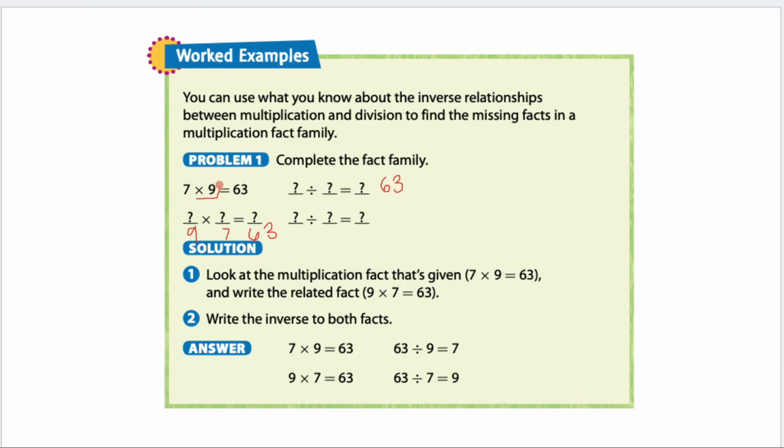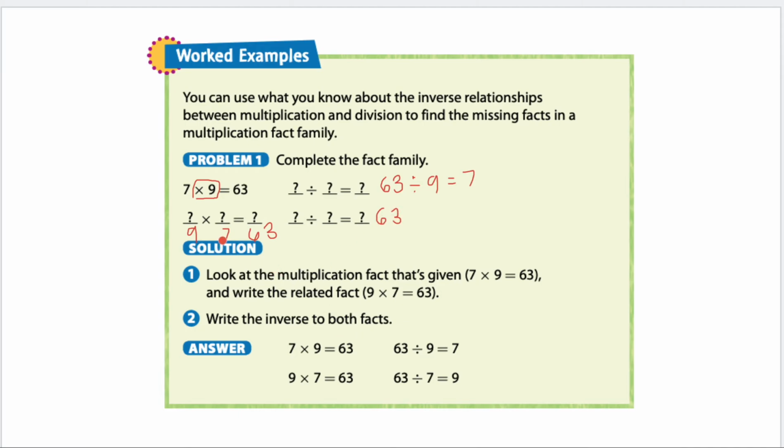In this problem, we multiplied by 9. The inverse of multiplication is division. So we do 63 divided by 9 equals 7. We have to make one more, so we start with 63 again.